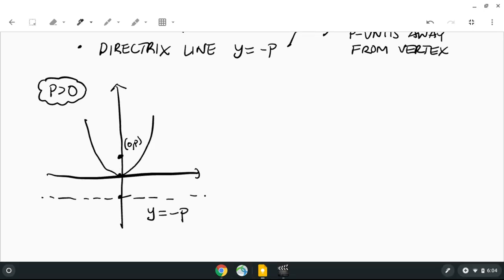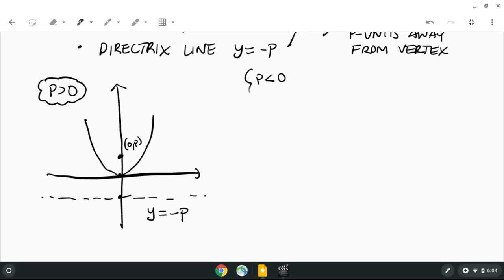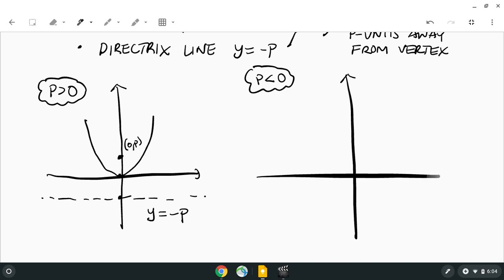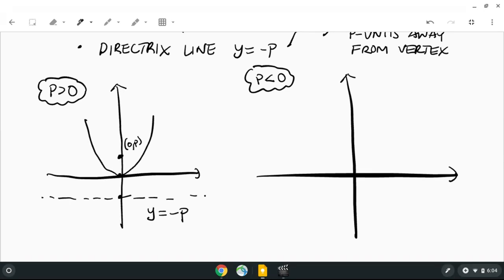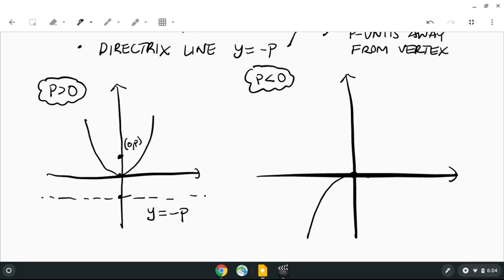Okay, now for a negative P value, we would have a parabola that would still have the vertex at 0, 0, but now it would open downward. And the focus would now be down here, still at 0, p.